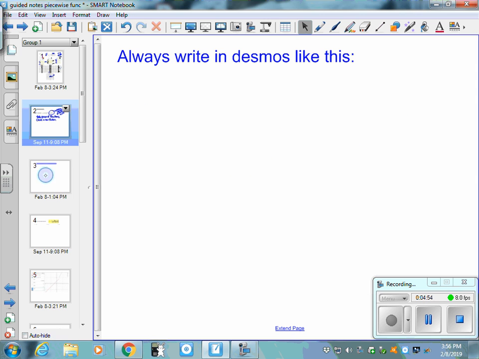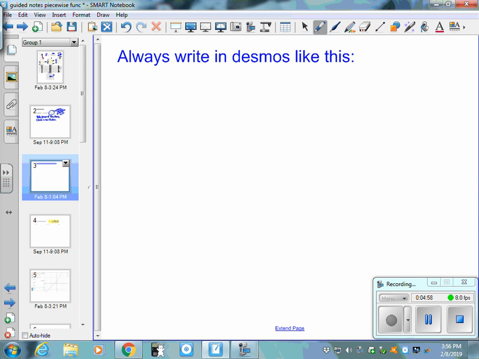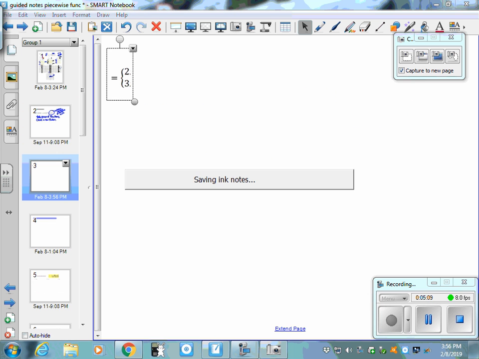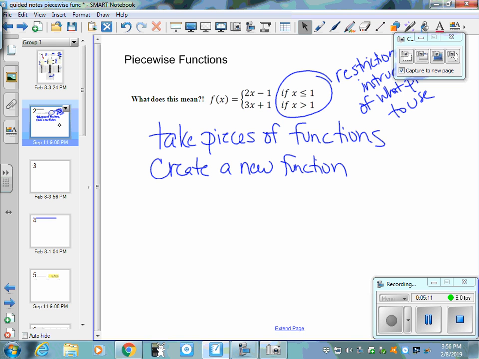So then we're going to take, always write it in Desmos now. When you're going to write these, in this one, I'm going to copy this so I can have this to show you how to write it in there. Oh, that didn't work properly. Oh, okay, hold on. Let me try that again.